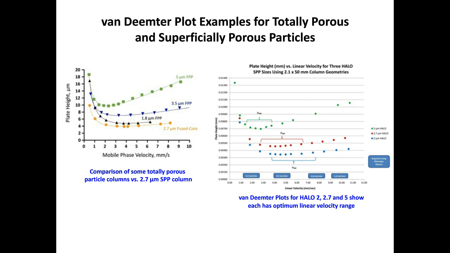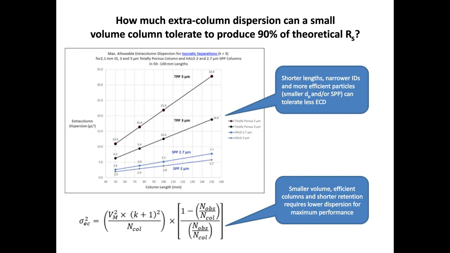So how does one know how much extra column dispersion your particular column can take? Now, we're going to be talking about columns in shorter lengths and narrower IDs. And this plot compares a totally porous 5 micron and 3 micron, the upper two traces or lines, and the bottom two are Halo 2.7 and 2 micron particles, respectively.